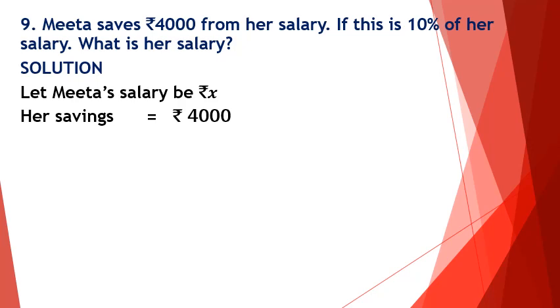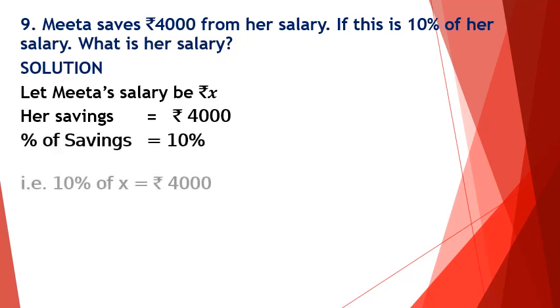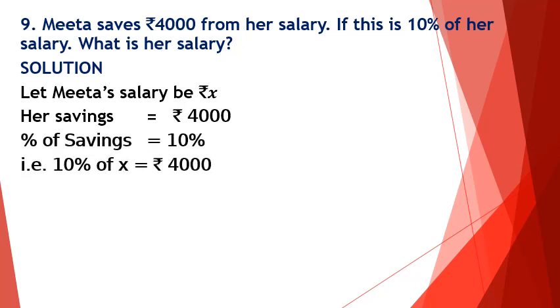And the percentage of saving is also given, 10 percentage of the salary. So we can write this as 10 percentage of her salary equal to rupees 4,000. We have taken the salary as X. So the question can be written as 10 percentage of X equal to rupees 4,000.